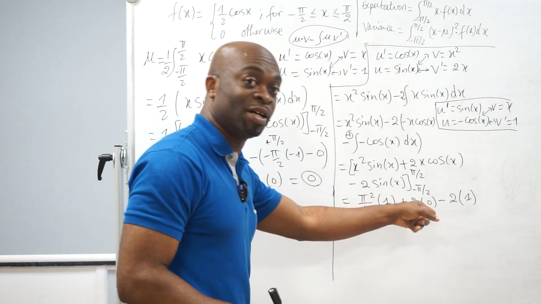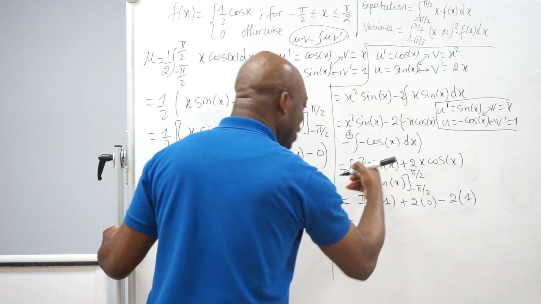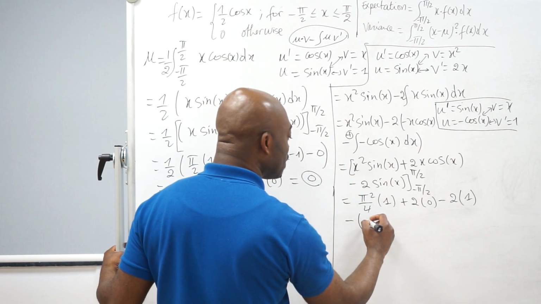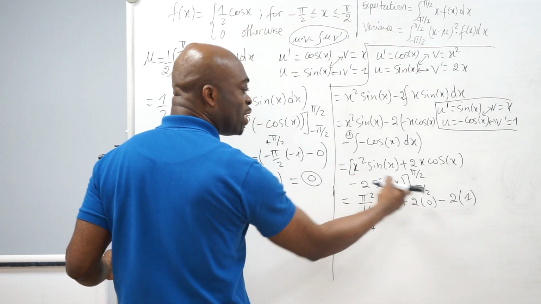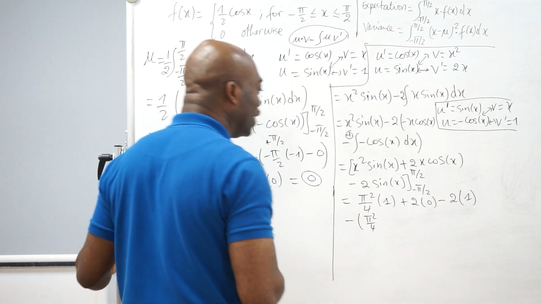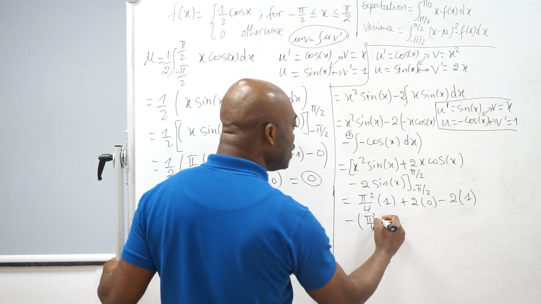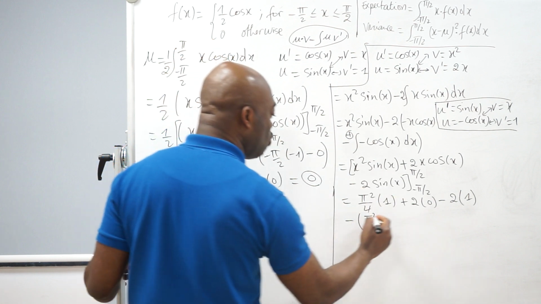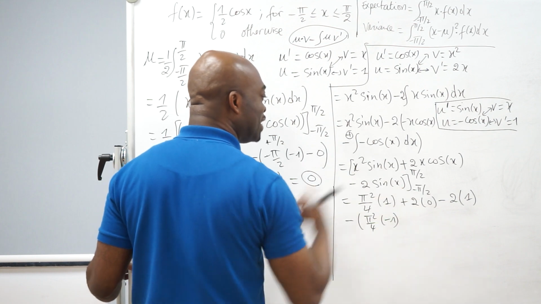And then minus, now we get to this one here. So we get pi squared over 4 as well, because x squared, that is negative pi over 2 squared, will give us pi squared over 4 as well. And then times sine, so sine of negative pi over 2 will give us what? Negative 1. So that gives us negative 1 here.